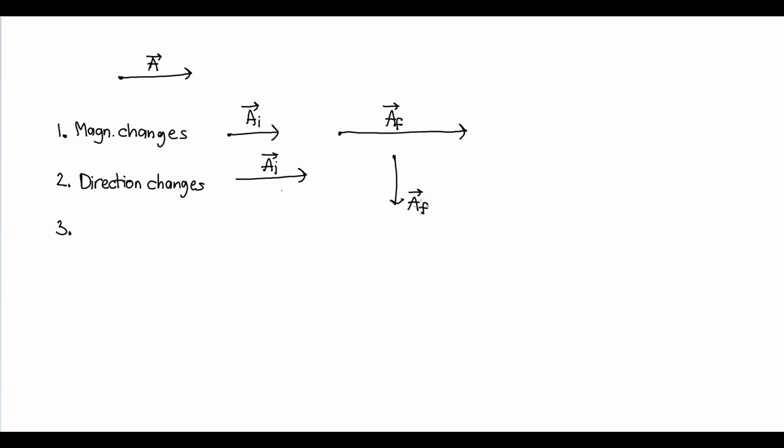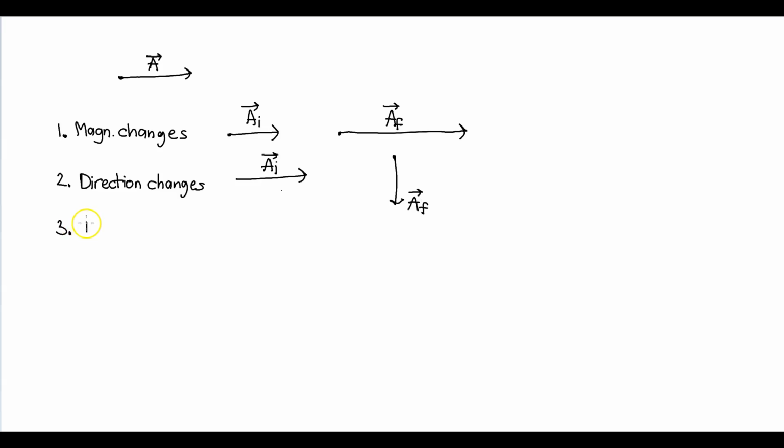Okay, so if it was facing right before, but it's still the same magnitude, but now it's facing downward, then the direction has changed and thus the vector has changed as well.